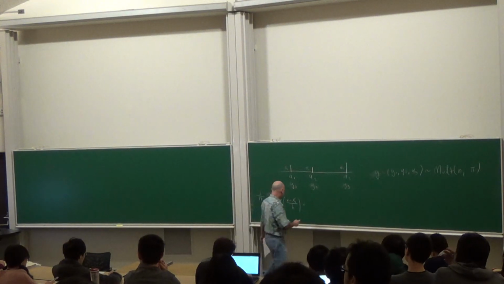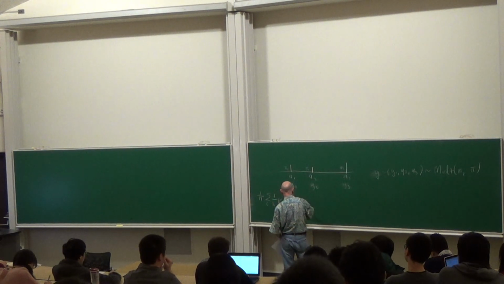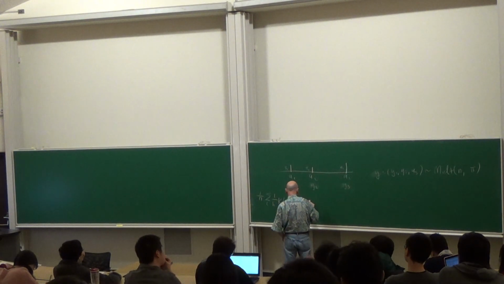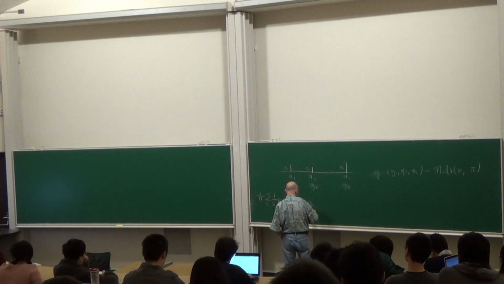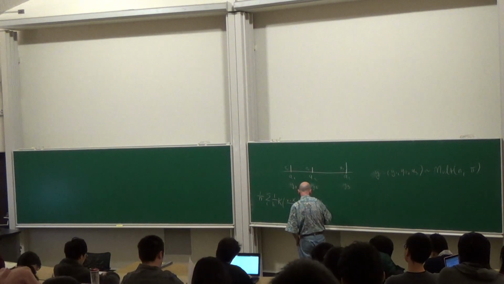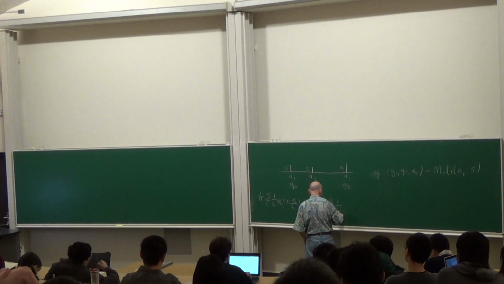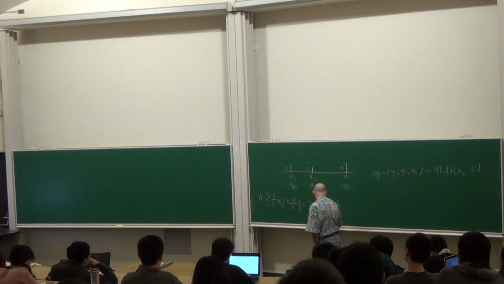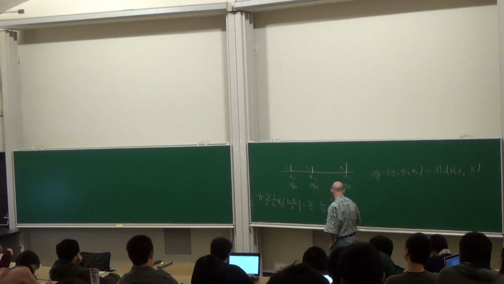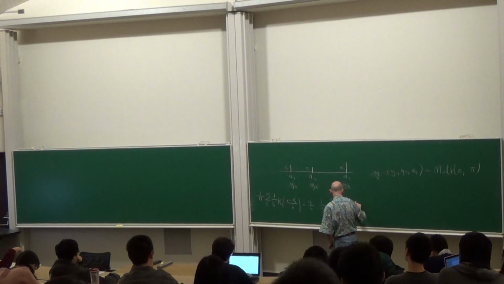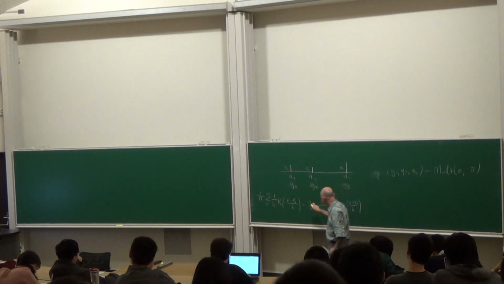So we get, and there's y1 of these, so I get y1 over n times 1 over y1, and these are the ones where x equals a1.